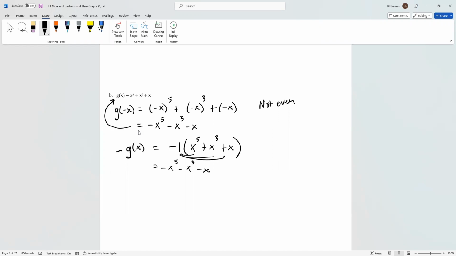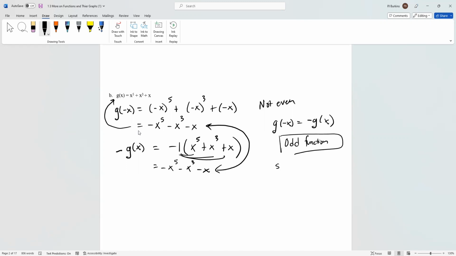So notice now that these two, g of negative x and negative g of x, are equivalent. These two things are exactly the same. Therefore, this is an odd function, and it has symmetry about the origin.